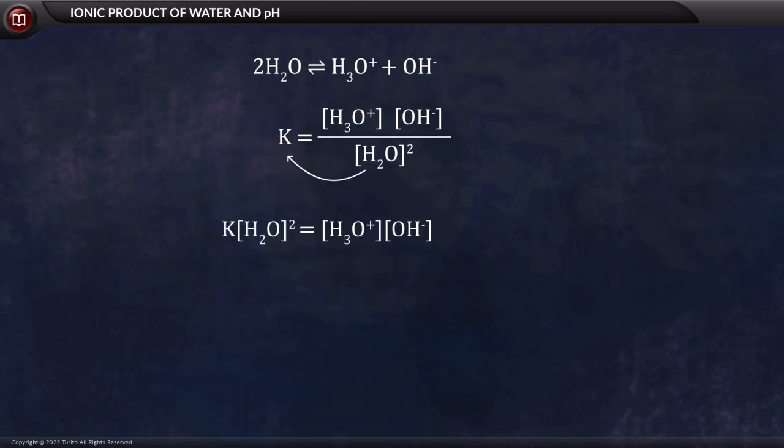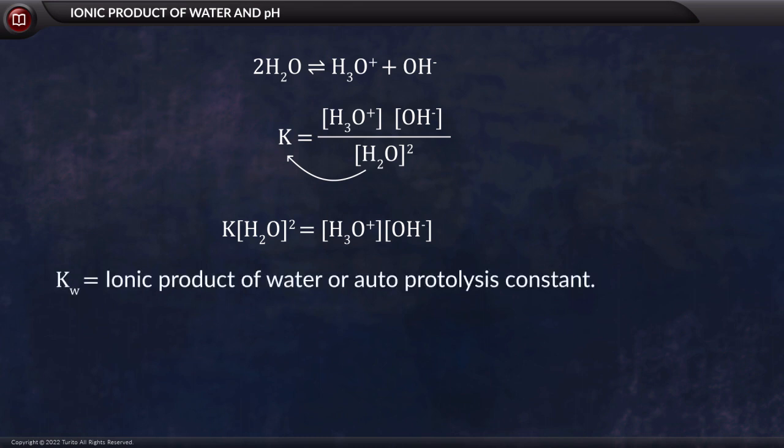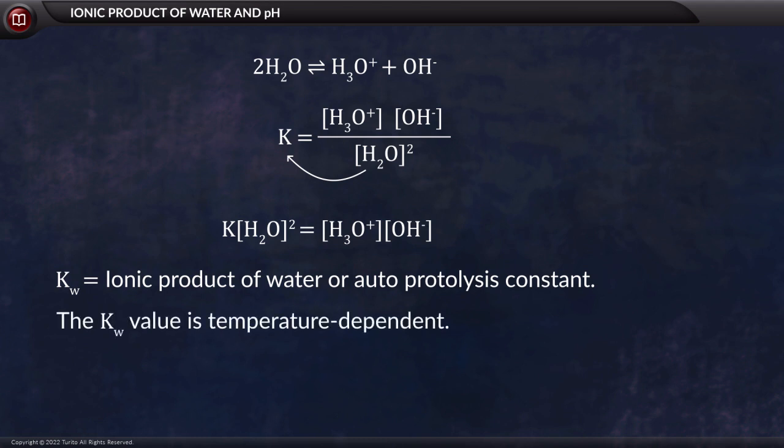The concentration of H2O is transferred from the denominator to the other side, as water is a pure liquid, and its concentration remains constant. When this value joins with the equilibrium constant, it gives a new constant, Kw, which is called the ionic product of water, or autoprotolysis constant. The value of which changes with the temperature proportionally.